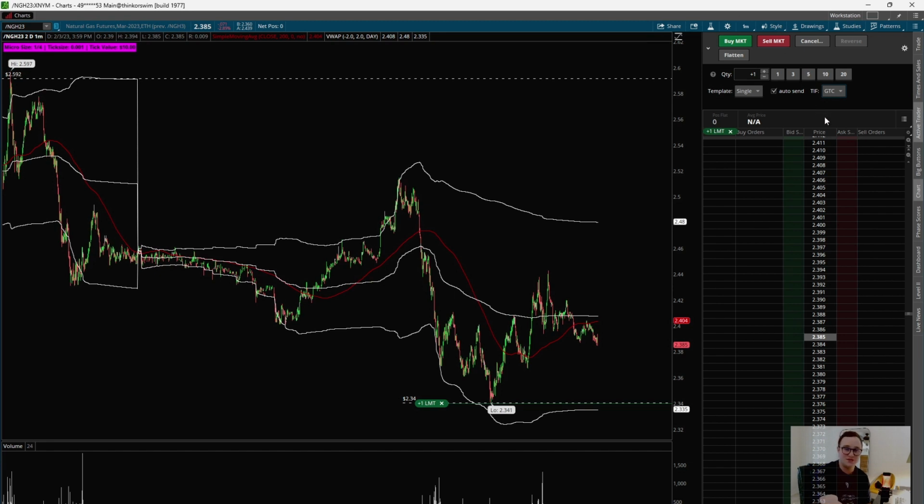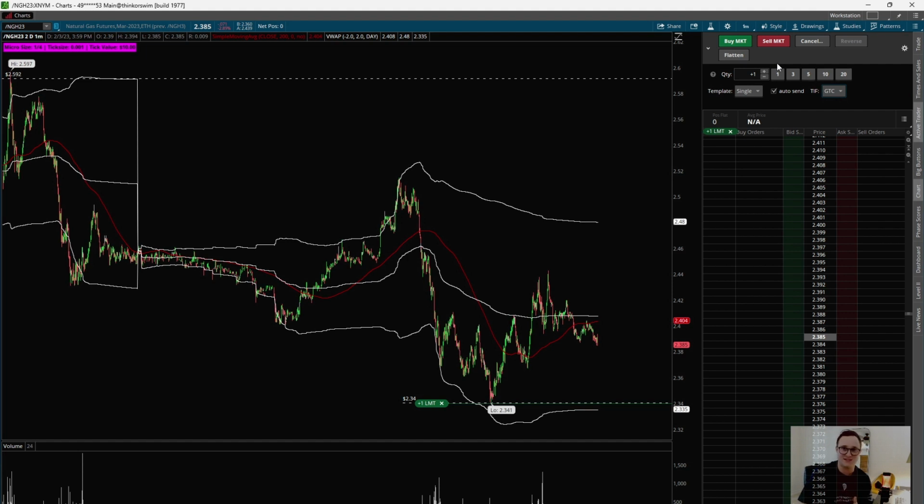So there are a couple of ways you can do this. We can come over here to the right side where we see the ask column, and we could drop in a sell order at the price point we want to sell at. Or if we just want to get out of the position, we can always click sell market, which will essentially find that nearest buyer and sell to them.